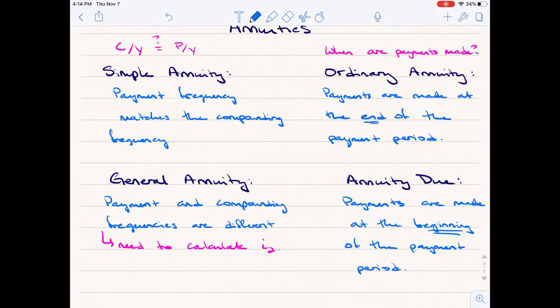Okay. What I would like for you to do is just treat all these annuities as if they're general annuities, right? Because, well, let's have a look at what the formula does.